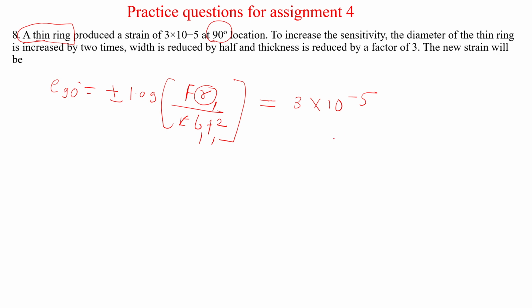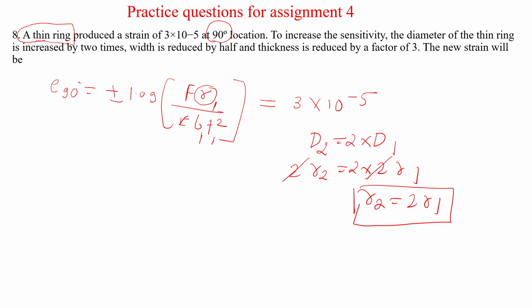They are saying diameter 2 is twice of diameter 1. This 2 cancels, meaning R2 is also 2 times of R1.